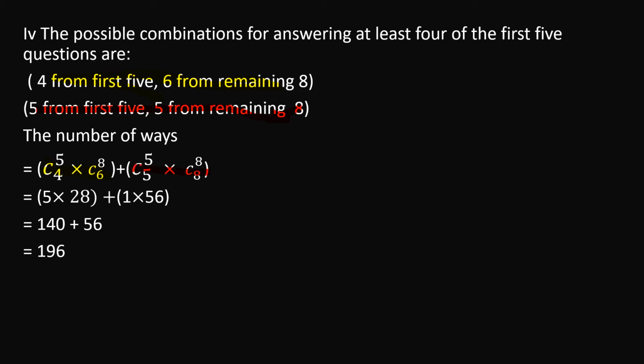Yes. So this is what I just want to highlight for you. So this is the first part, 4 from 5, and then 6 from 8, and then this 5 out of 5, and then times this. You do the multiplication and get what? 196. So you have 196 ways of doing this selection.